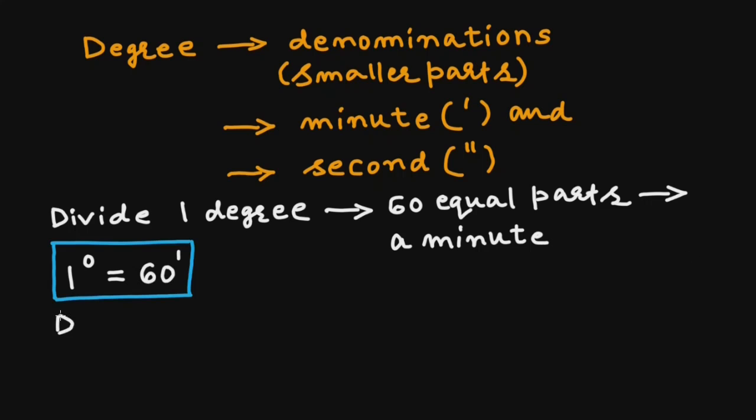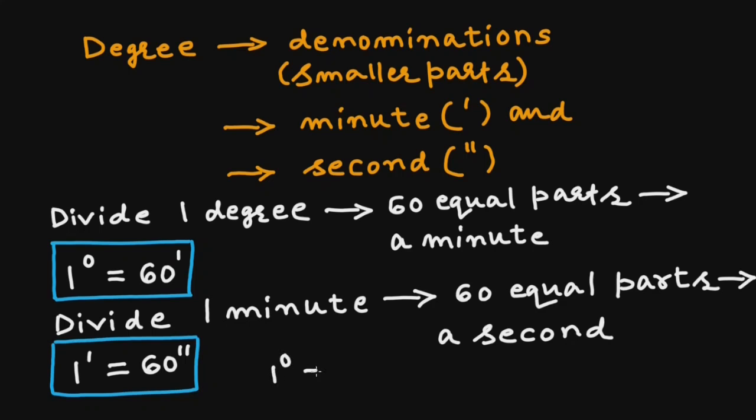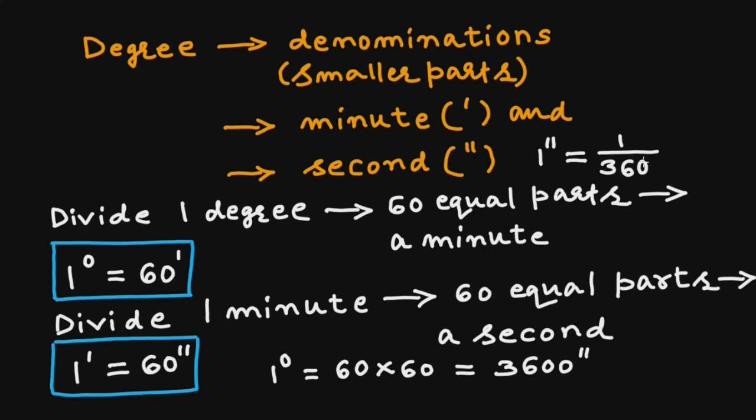Further, if we divide 1 minute into 60 equal parts, each part is called a second. So 1 minute equals 60 seconds. So 1 degree has 60 into 60 seconds, that is 3600 seconds. So 1 second is so small an angle measure that it is 1 upon 3600th part of a degree.